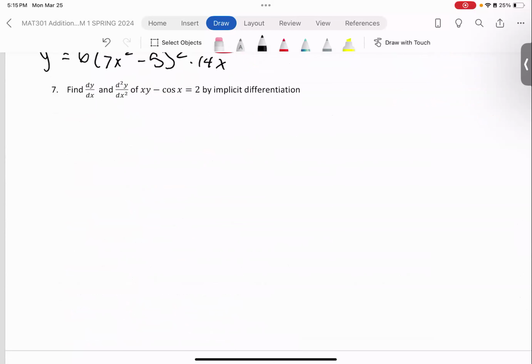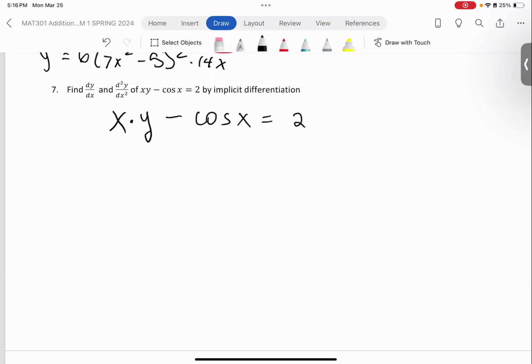Okay, let's write it nicely. So we got the x, we got the y. We're not doing anything, I'm just writing it big. I just realized when I wrote this question, if you look at that equation, you can actually get y by itself.